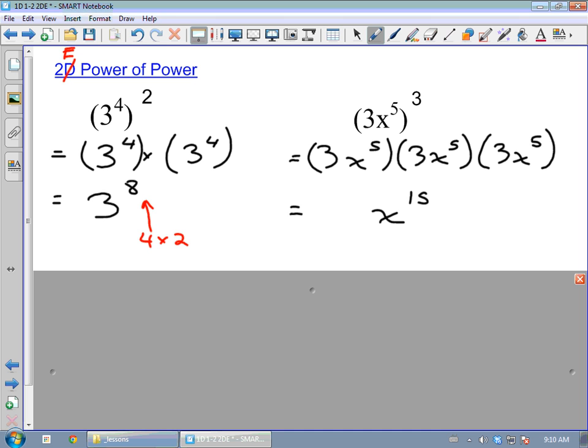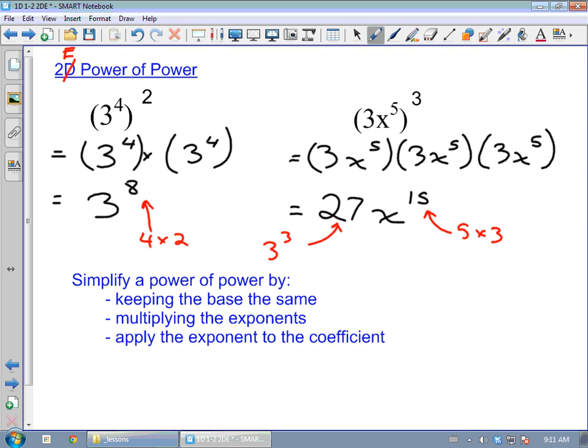And I've got these 3 coefficients here, 3, 3, and 3. If I'm doing multiplication, I want to multiply all of those together. So 3 times 3 and then times 3 again is going to get me, let's see, 27. Now notice, again, our new exponent here is 5 times 3, our 2 original exponents multiplied together. Also notice that our new coefficient here, 27, is 3 times 3 times 3, or 3 to the power of 3. Okay. So, here's our rule.